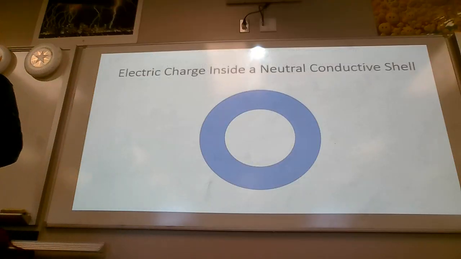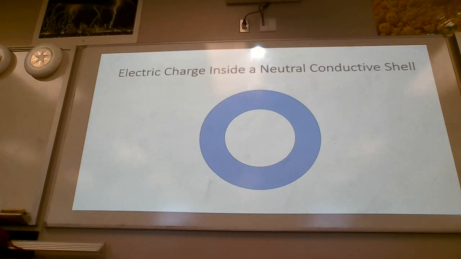All right, here's our playground. Ready? We have a neutral conductive shell, meaning there's a thickness there. It's a hollow sphere. Okay, and so it starts neutral.